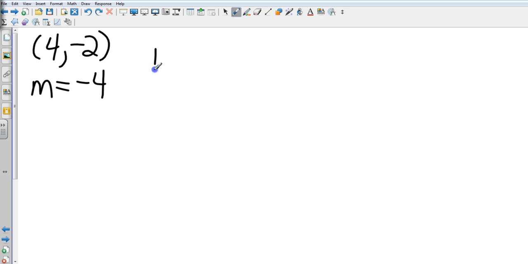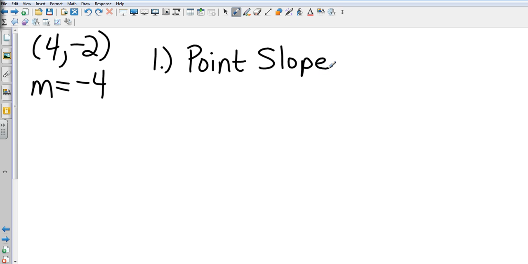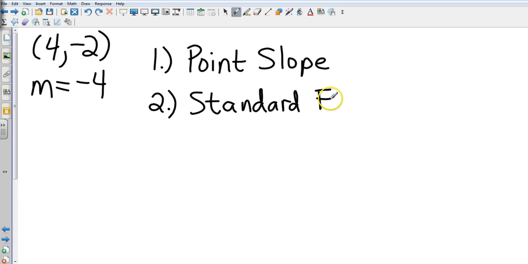So I want 3 things. Number 1, I want it in point slope form. Number 2, I would like it in standard form. And then number 3, I would like it in slope intercept form.